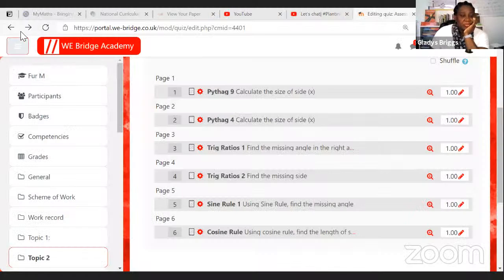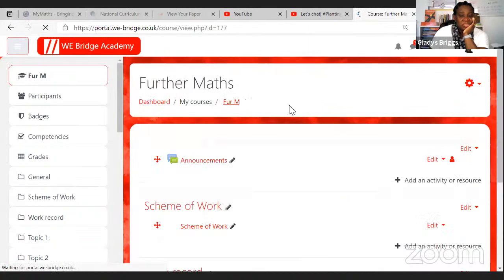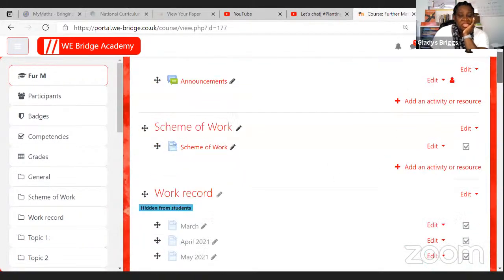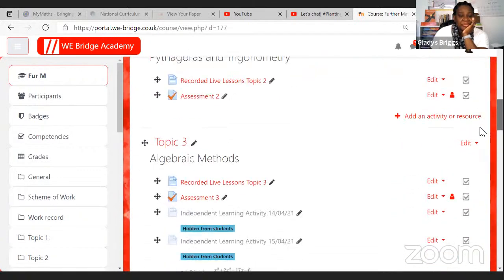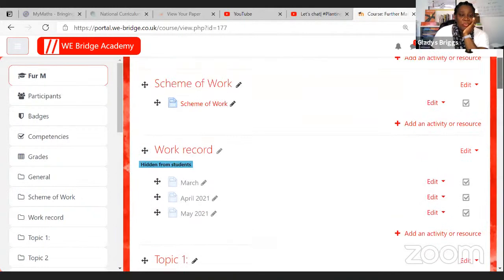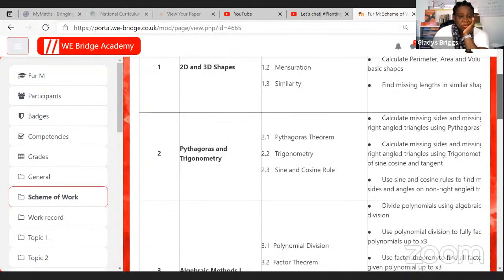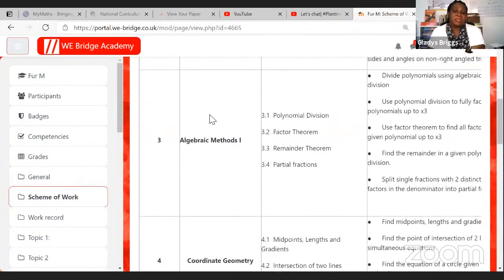Now, we're going to go back to our scheme of work to have a look at topic 3, to see what we did, or what we were supposed to do, on topic 3. Topic 3 is algebraic methods. You had to know how to do polynomial division, and how to apply the factor theorem and the remainder theorem.